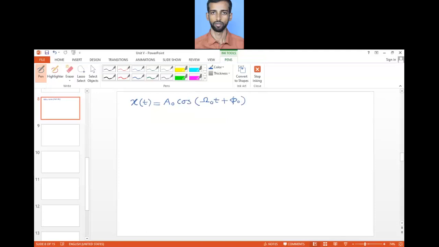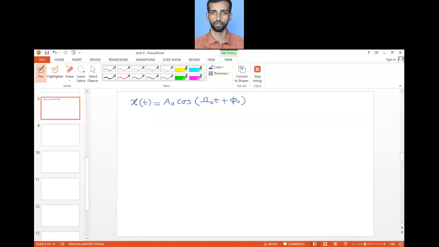For example, if we add two sinusoids of the same frequency, say A naught cos of omega naught t plus phi naught with another sinusoid like A1 cos of omega naught t plus phi 1, ultimately you'll get another new sinusoid of the same frequency, but the phase will be different.